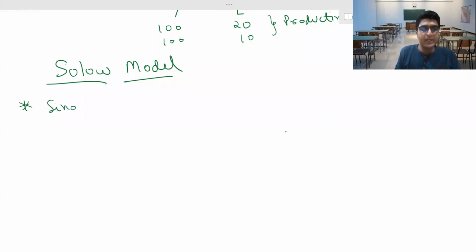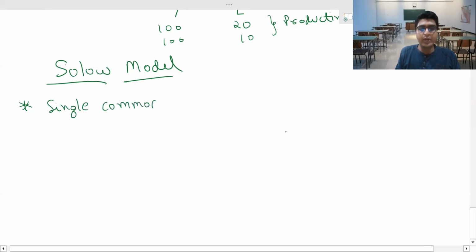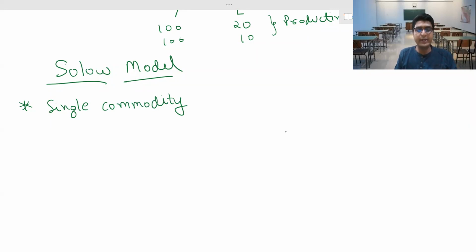The first one is that there is a single commodity. Okay, so there is only one commodity that is to be produced. The thing is, again, this is a reliable assumption. The reason is that if you understand something related to a single commodity, then you can extend that model towards more commodities as well.